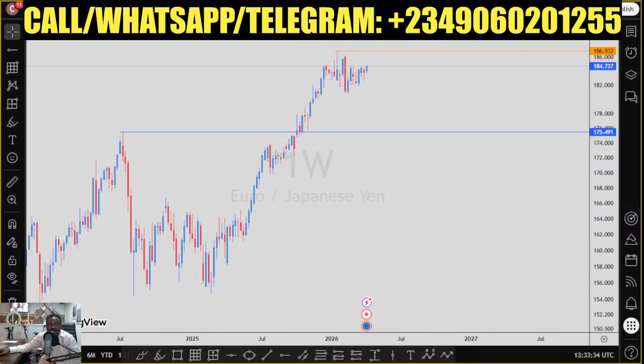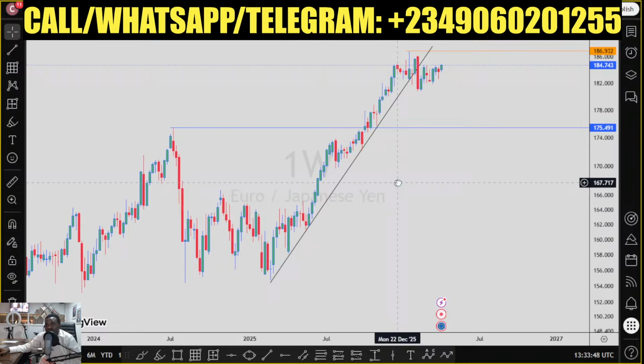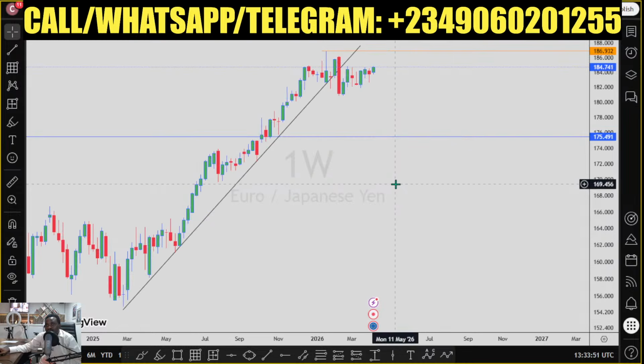We're seeing the weekly chart is bullish. Check our trend line, pointing all the way up. Price is now weak. You can see our trend line on the weekly chart.